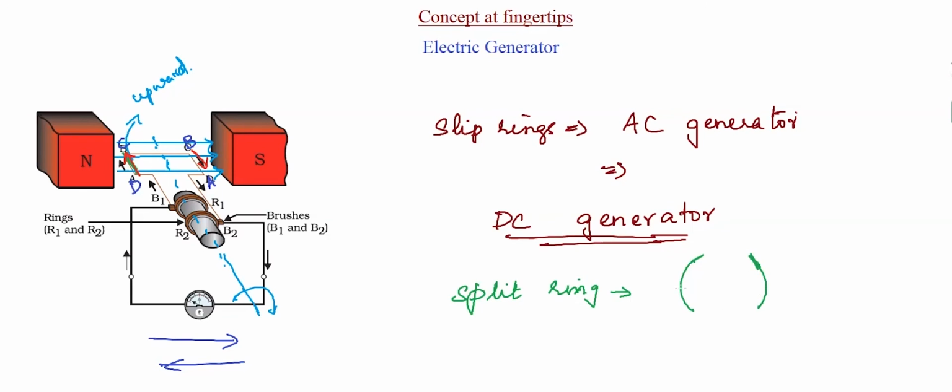R1 is always connected to the side which goes up, and R2 is always connected to the side which goes down. So the external circuit will always have the current in the same direction, or basically we can generate DC current.